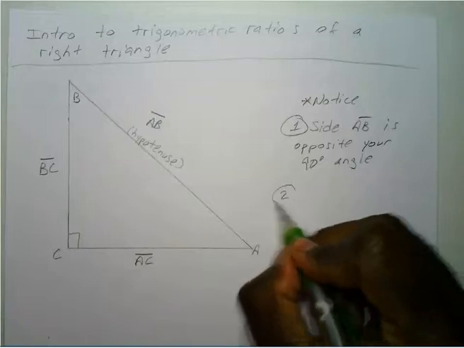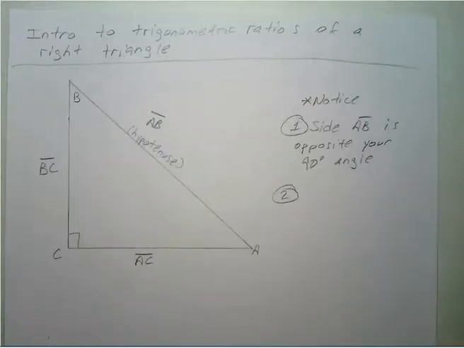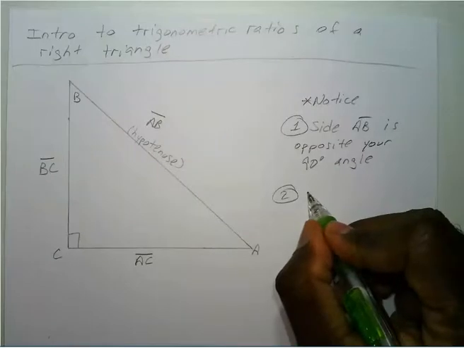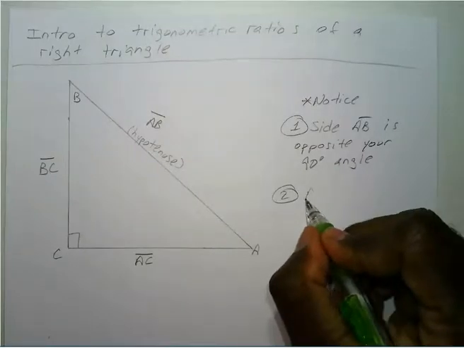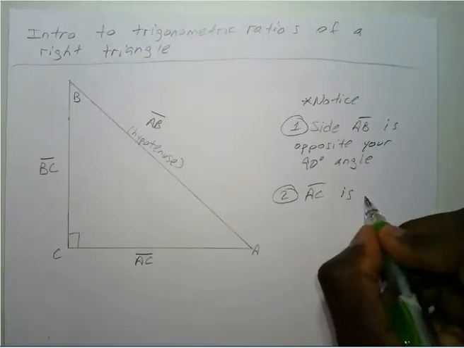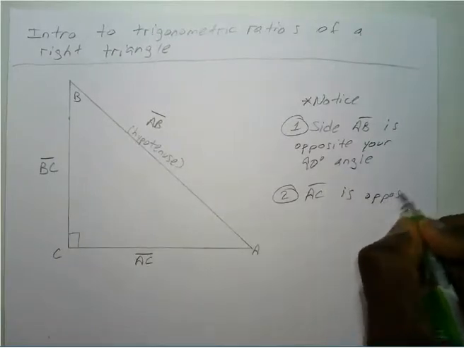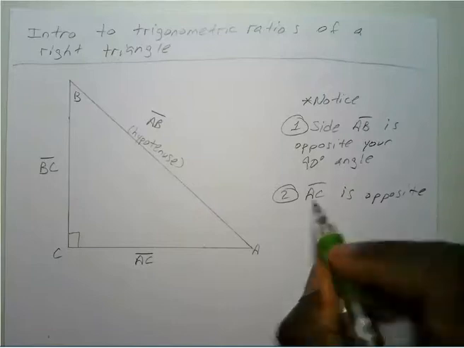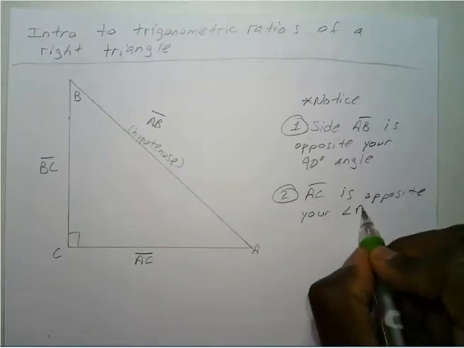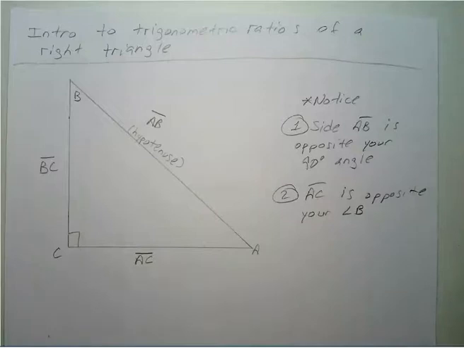The second thing you're going to have to notice is about side AC. It is opposite your angle B. You have angle B here, and AC is the opposite.